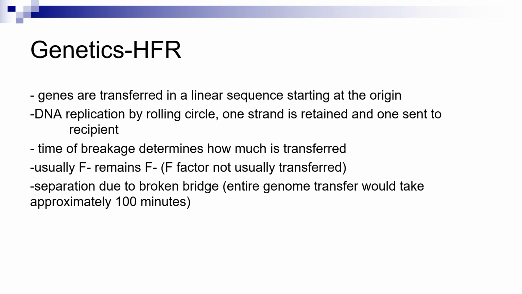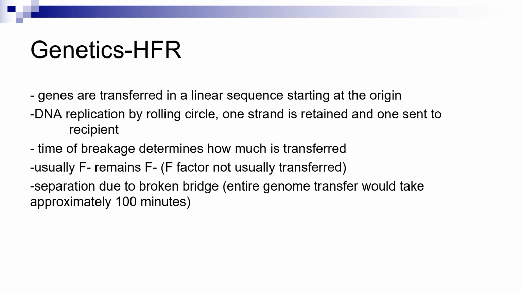Now, the bridge does not last forever. So whenever that breakage occurs will determine how much of that DNA is actually transferred. So interestingly enough, with an HFR cell, usually the F negative cell to which that plasmid was being transferred remains negative, because the F factor frequently does not get all the way over there.